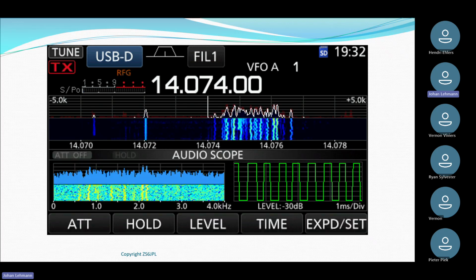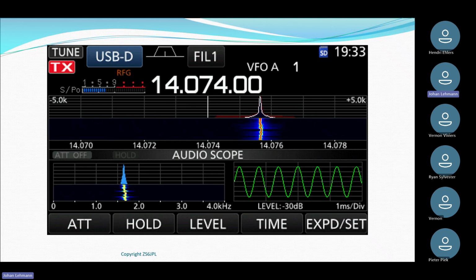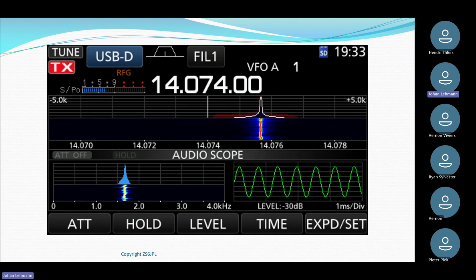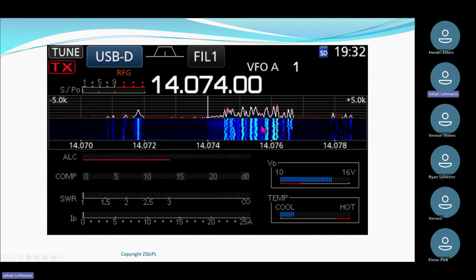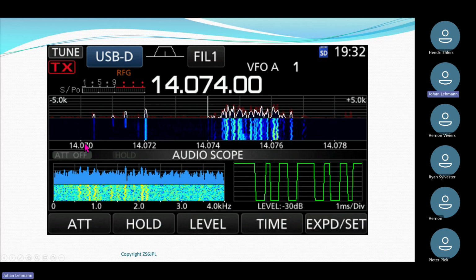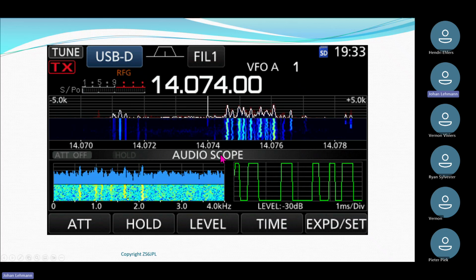Now you'll see this guy is busy transmitting digital data on 14074. While that goes to TX, you'll see how little bandwidth the signal is actually occupying. I don't like the ALC this high for digital modes. I want it lower, but for now, let's say it is within the boundaries of the red line.